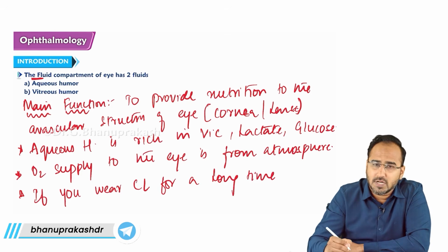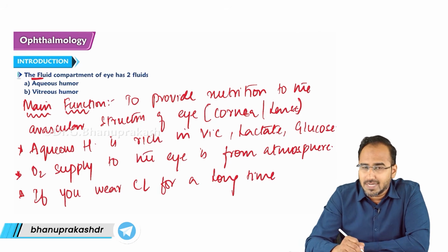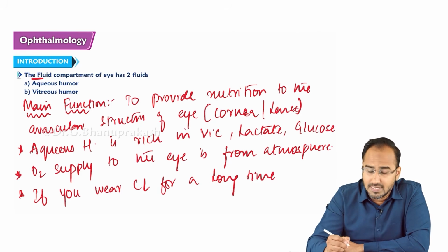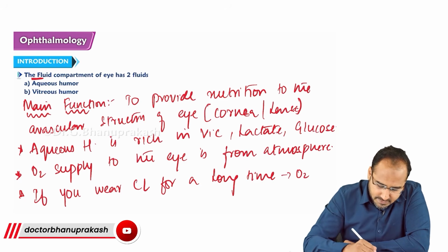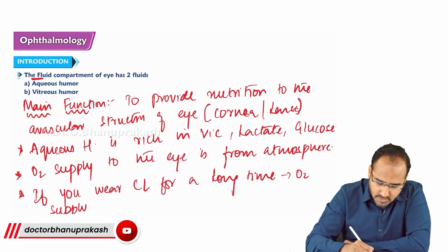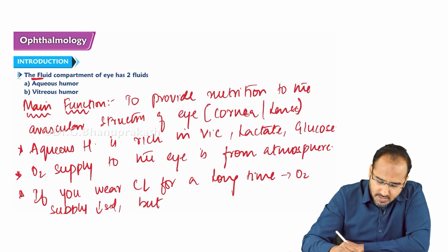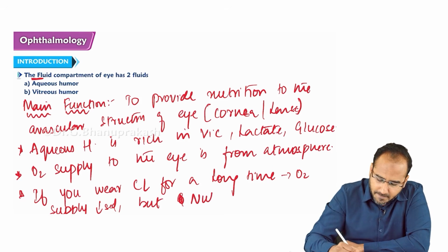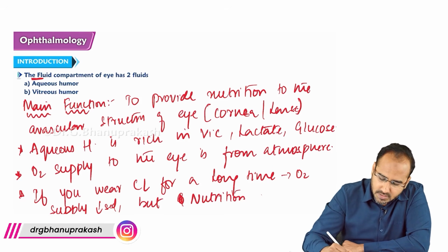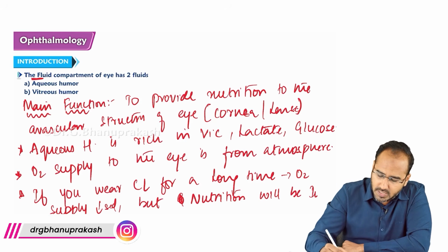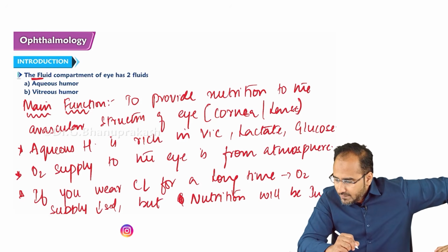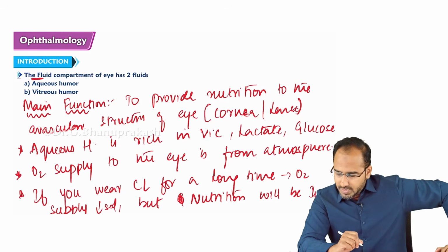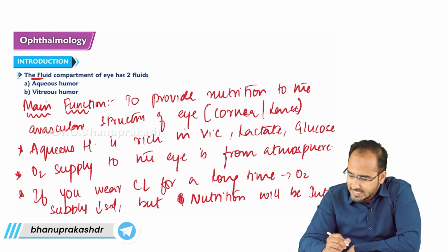If you wear contact lenses for a longer duration, the oxygen supply to the eye will decrease, but the nutrition will be intact. Why is the nutrition still intact? Because the eye derives its nutrition from aqueous humor. So basically, contact lenses block the oxygen supply.